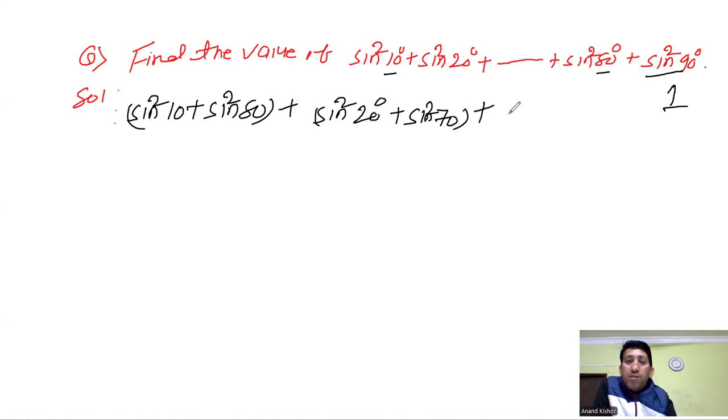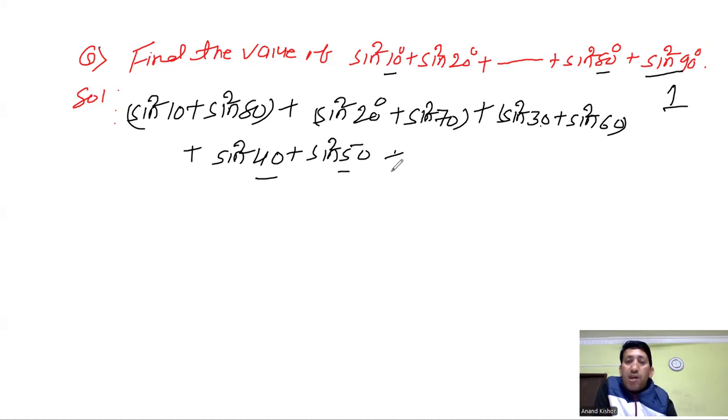Next, sin square 30 plus sin square 60, because 30 plus 60 is 90. And next, sin square 40 plus sin square 50. We will take the pair 40 plus 50, 90. And this is already here, sin square 90.